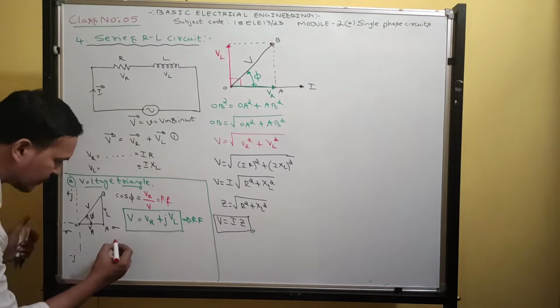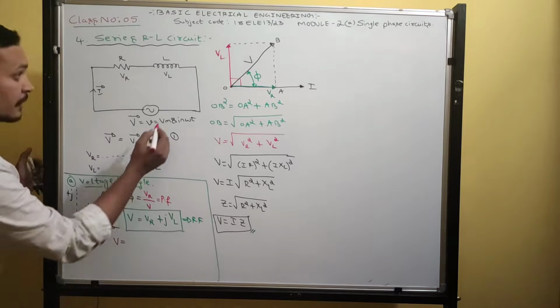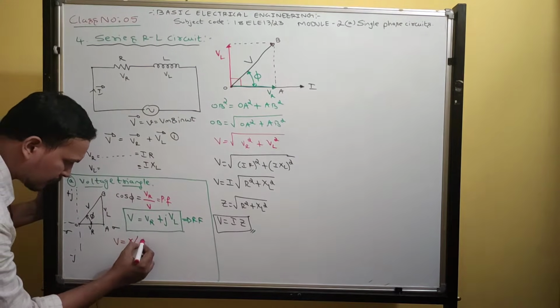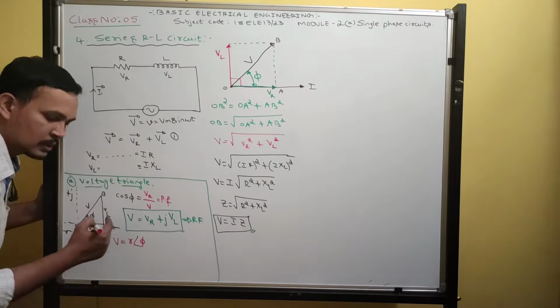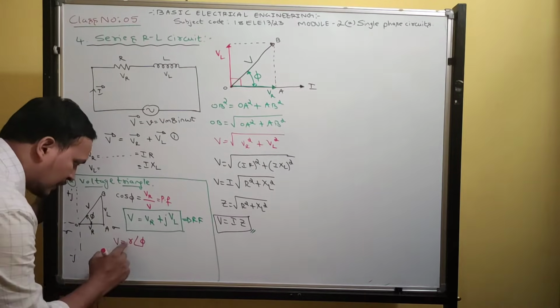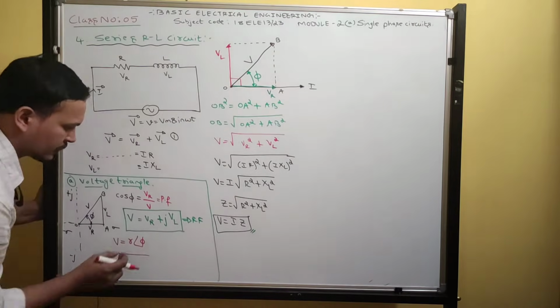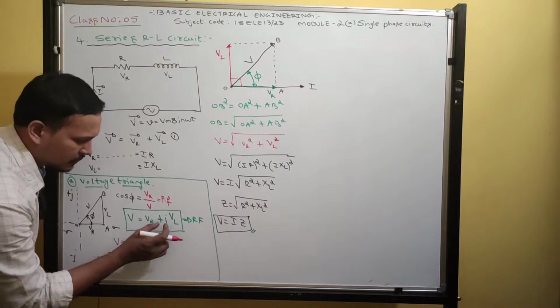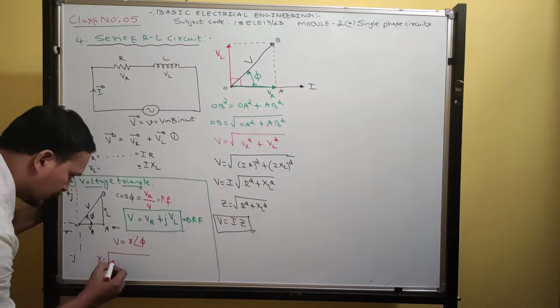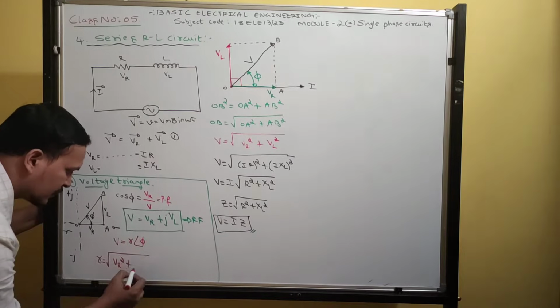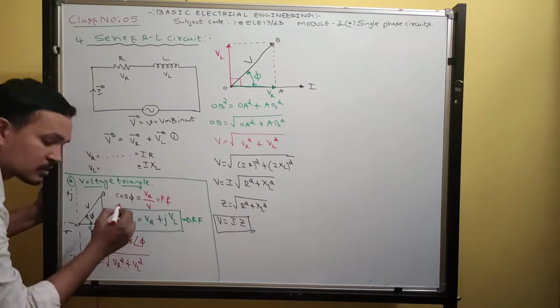Now in polar form, the overall voltage connected across the circuit is equal to R at an angle of phi. This is the default. How to calculate R? R is calculated using the square root of the real component square plus the imaginary component square. What is the real square? VR square, plus the imaginary square, VL square.